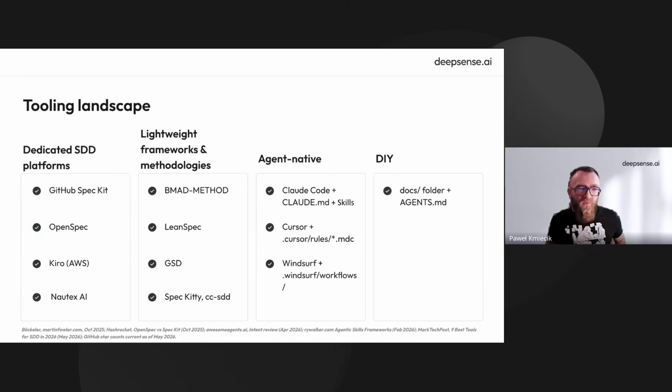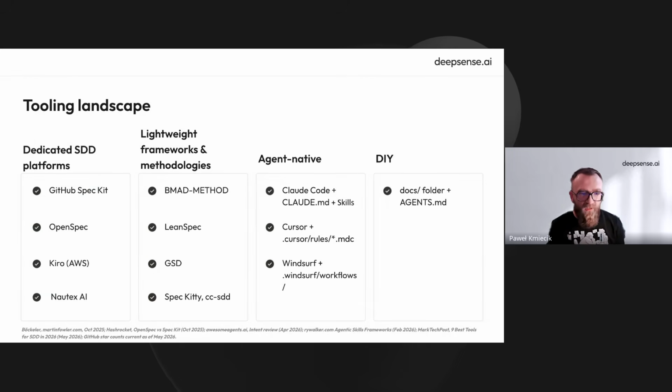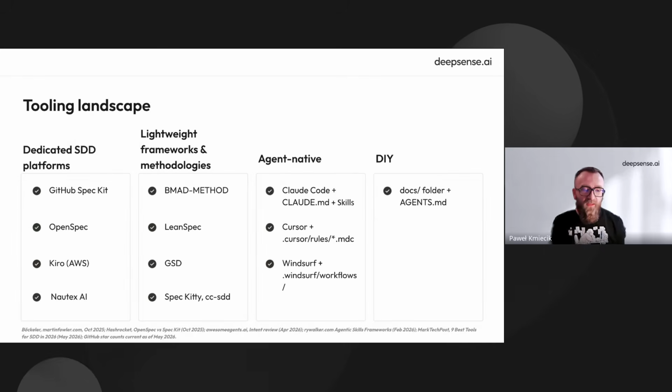And something about the tooling landscape. I wouldn't focus on given tools, but I group them into some areas. So the first group is the dedicated spec-driven development platforms or tools. Then we have lightweight frameworks and methodologies. So these are more like manifests of how you should use your AI assistants.